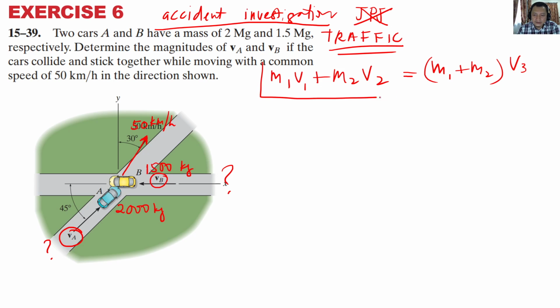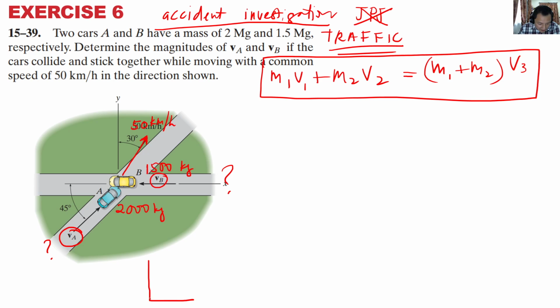What is wrong? The wrong thing is you have vectors. VA is going this way, 45 degrees. So you've got VA cos 45 i plus VA sin 45 j.